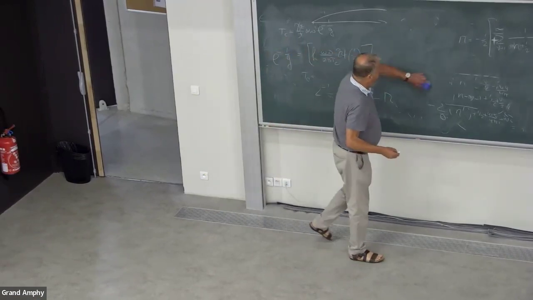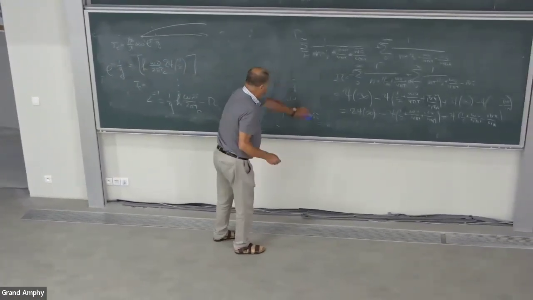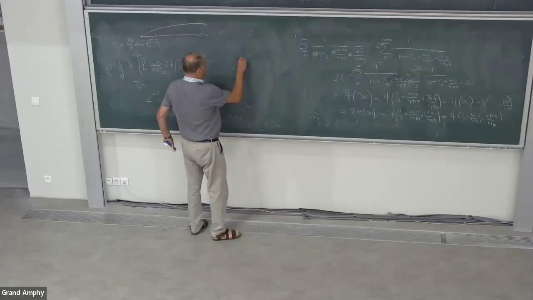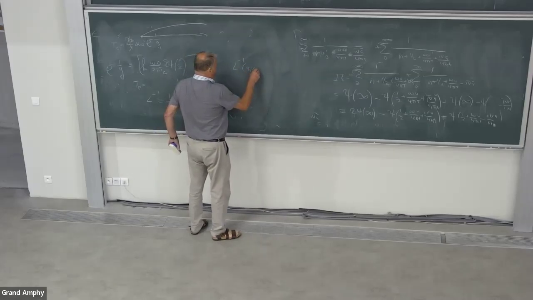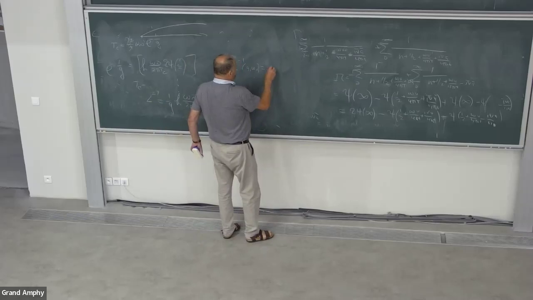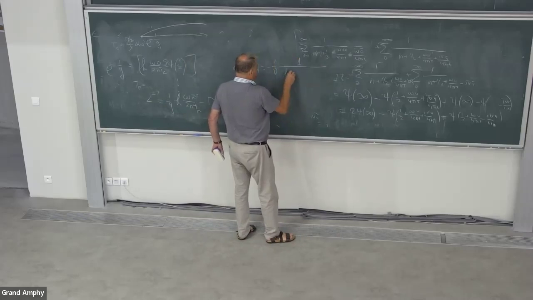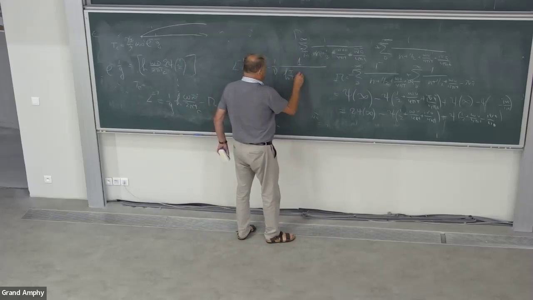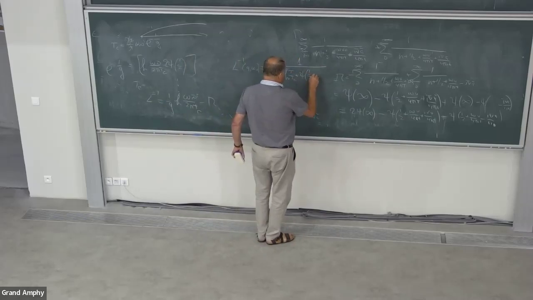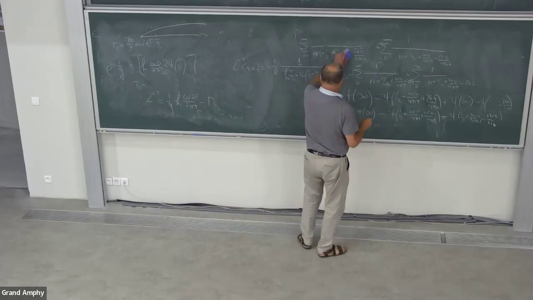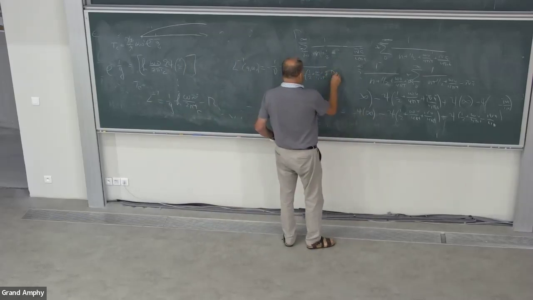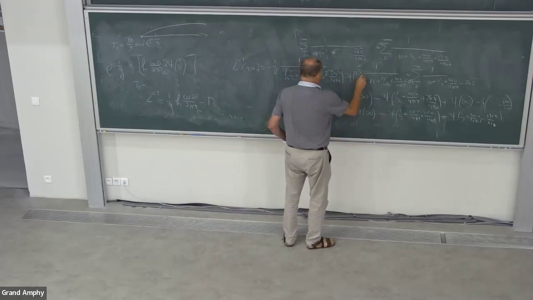So finally, I will get that L minus 1 of Q, omega nu is minus 1 divided by density of states, 1 over log T over Tc plus psi function 1 over 2 plus omega nu over 4 pi T plus D Q square over 4 pi T minus psi 1 over 2.